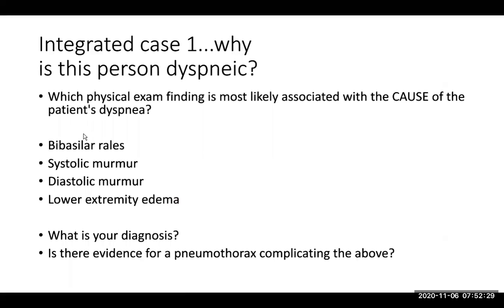Okay, so here's where the rubber meets the road. Which physical exam findings? So based on the exam of this new patient we had in the office, now that we've put together the history, the physical, the EKG, the spiro, and the POCUS lung and cardiac component, which physical exam finding is most likely associated with the cause of the patient's dyspnea?